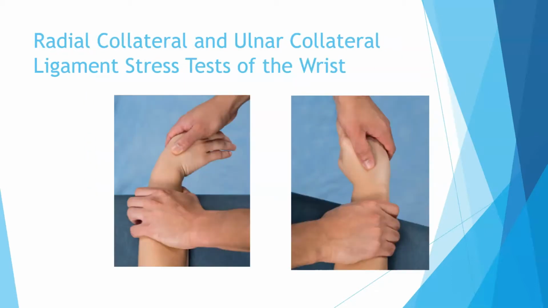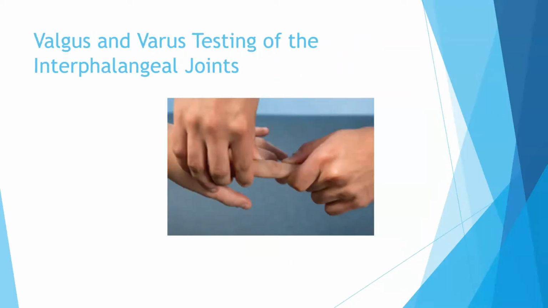And just like with the valgus varus, that's what we're doing right here with the radial collateral and ulnar collateral ligament stress test, where we're doing a valgus maneuver, where we're applying that lateral pressure and assessing the integrity of the ulnar collateral ligament. And then the varus with the radial collateral ligament. Same thing with valgus and varus for the PIP and DIP joints.